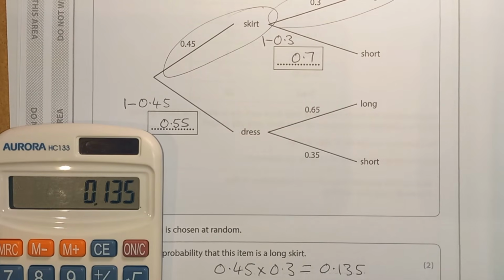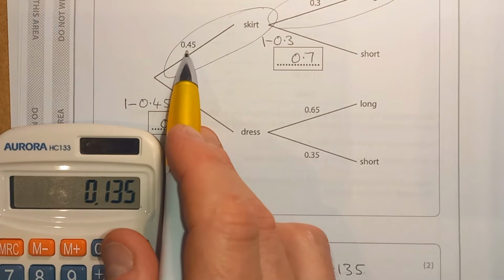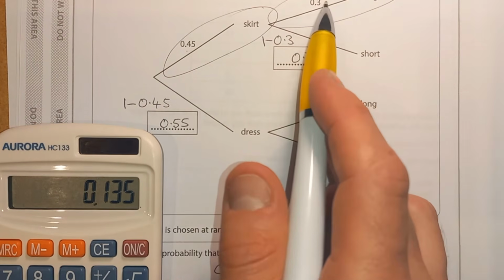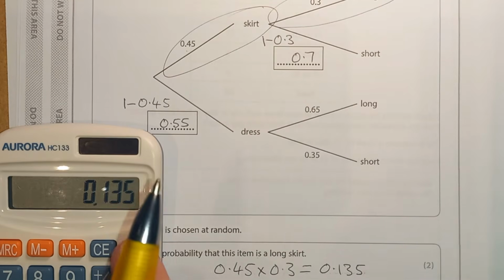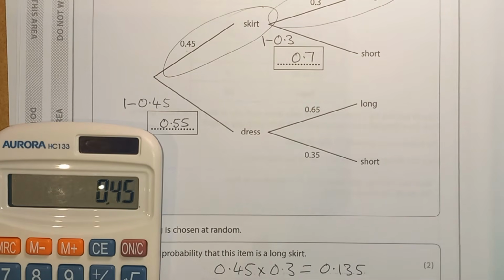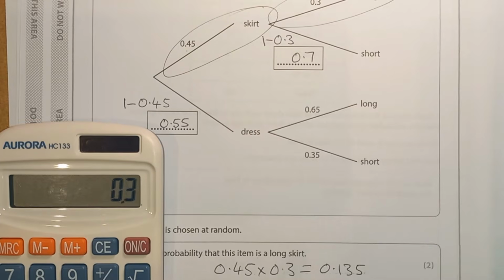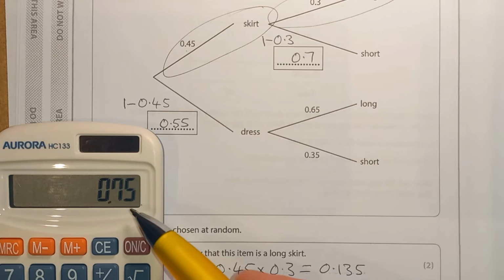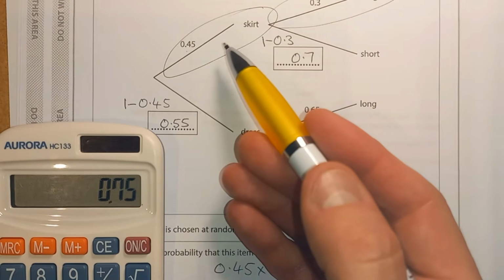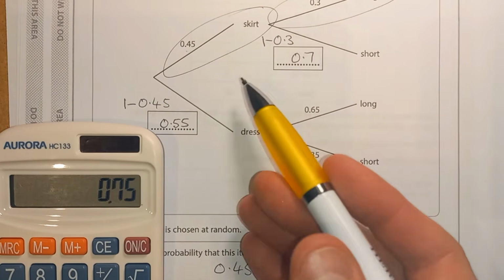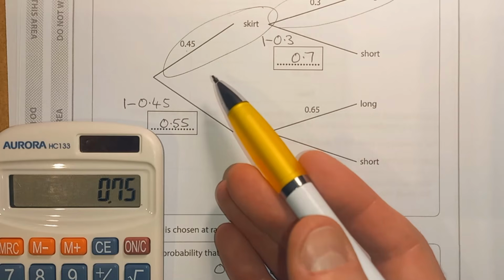Now, often what people will do is they'll know that they want this probability and they want this probability, but they'll forget that you need to multiply them together. And they might add them together instead. But if you add them together, you get a probability of 0.75. So what you're saying is the probability of getting a long skirt is more than the probability of just getting a skirt, which doesn't make sense.